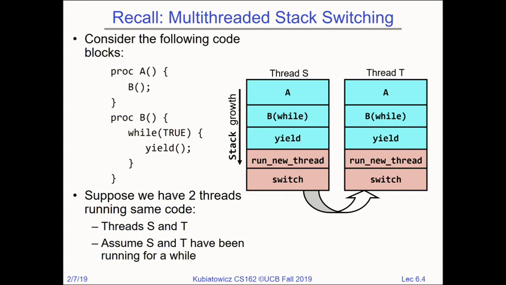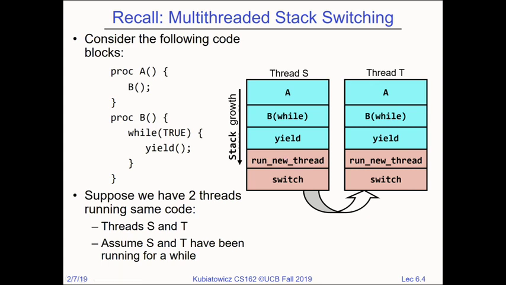Yeah, question? So run new thread selects the next thread that gets run, whether that be T, U, or S. Which actually loads the registers. Yes. So run new thread has to store the selected thread in kernel memory, correct? Well, in fact, when I do a system call, I'm saving a bunch of registers so the kernel doesn't mess up the user.